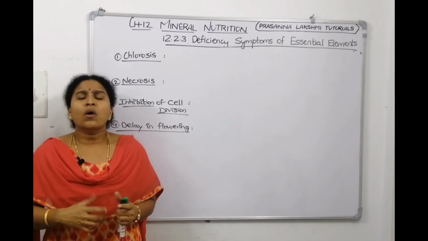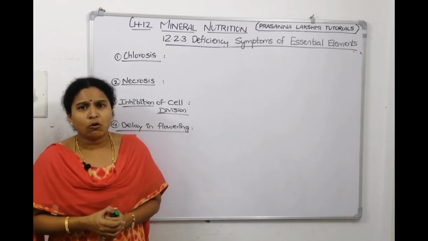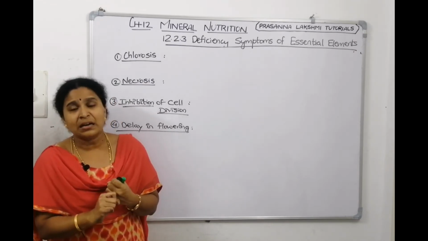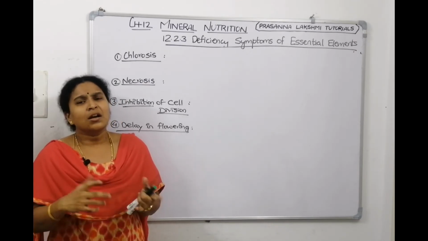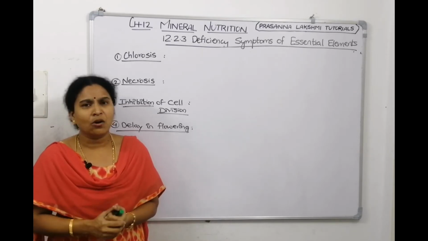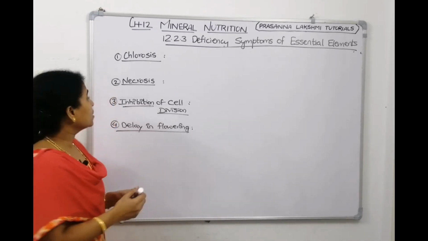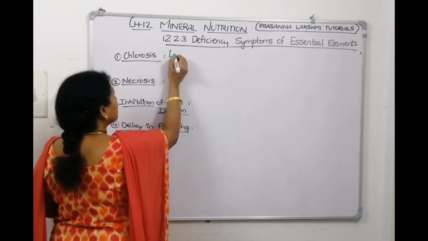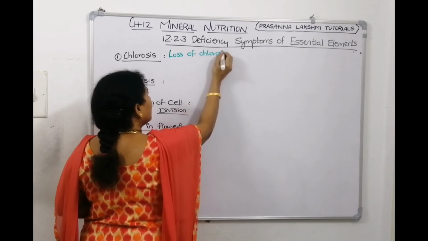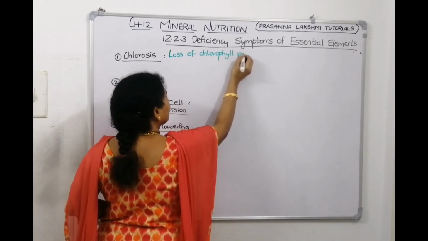Let us see, what is chlorosis? What is chlorophyll? A pigment. Because of that pigment, the plant is green in color. Loss of chlorophyll, lack of chlorophyll, and then the plant becomes yellow. That is called chlorosis. Chlorosis is loss of chlorophyll pigment.